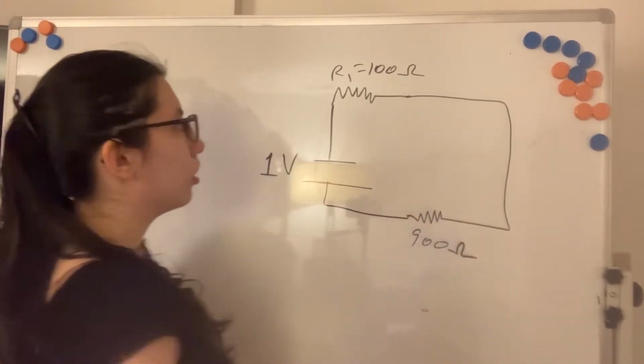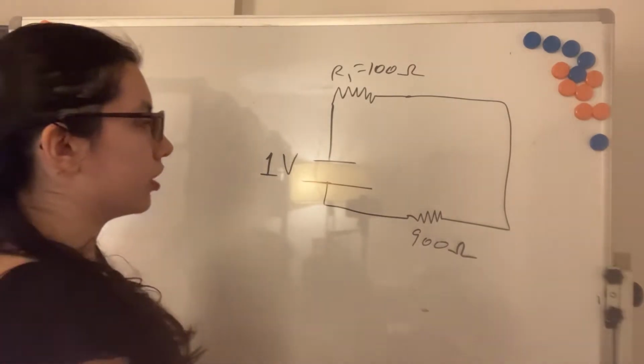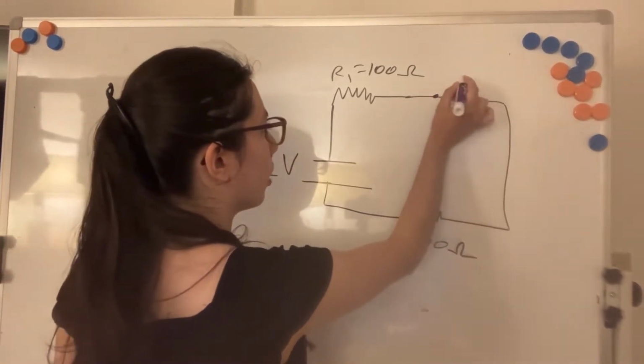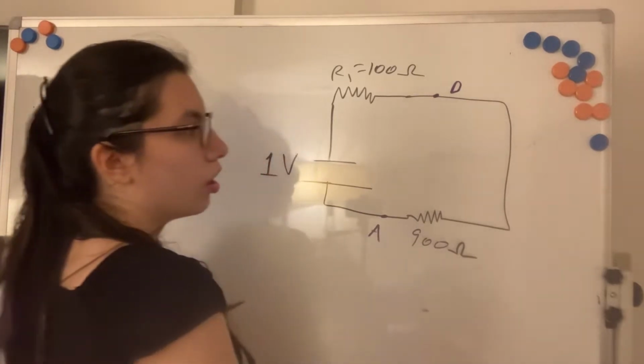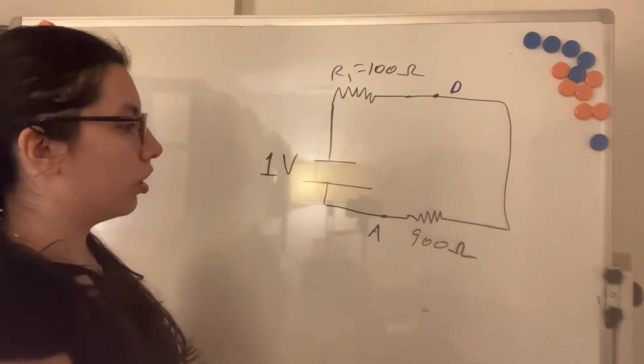Alright. So now, what is the difference between this point, say D, and this point A? What is the potential difference or the voltage?